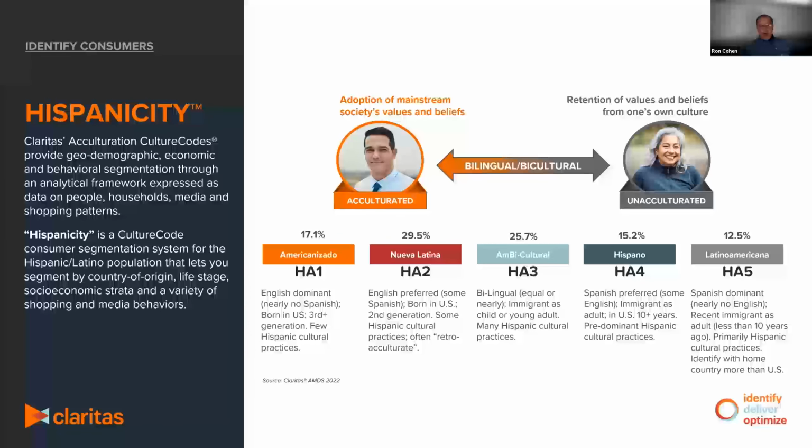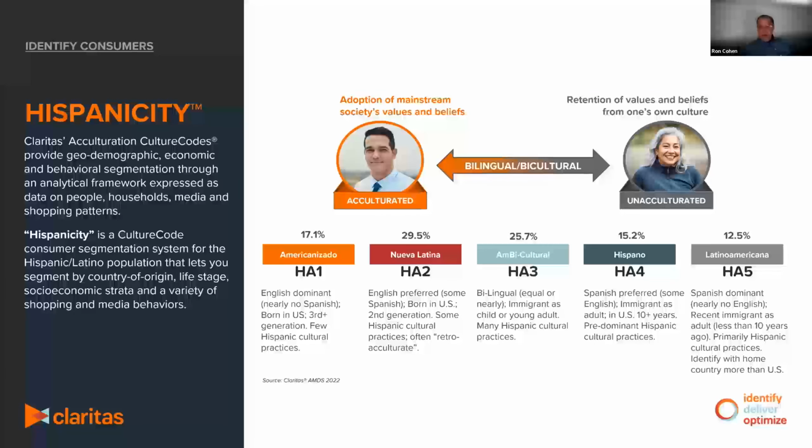We call our Hispanic acculturation system Hispanicity. I'm not going to get into a lot of details of this because it's not a sales presentation. The only reason I'm showing it is because we're going to show a lot of data that breaks out Hispanics along these segments. On the left, we have thoroughly acculturated Americanizado.